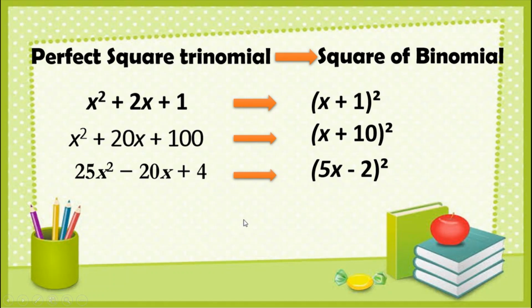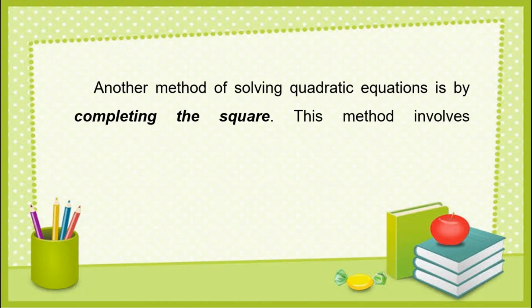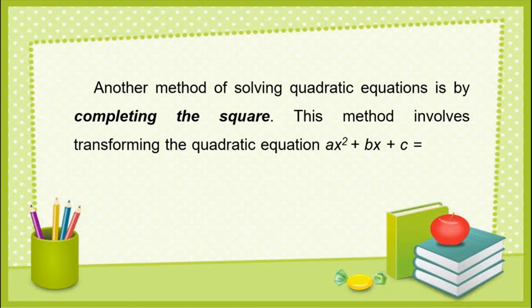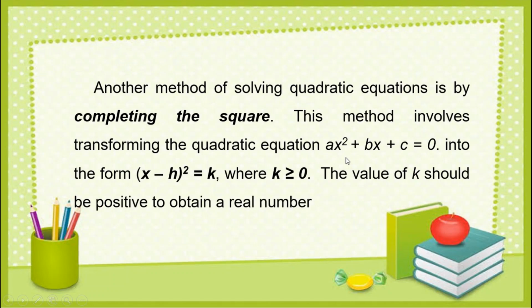Got it? Okay, that is just for the review. So, let's proceed. Another method of solving quadratic equations is by completing the square. This method involves transforming the quadratic equation ax squared plus bx plus c equals 0 into the form quantity x minus h squared equals k, wherein k should be greater than or equal to 0.